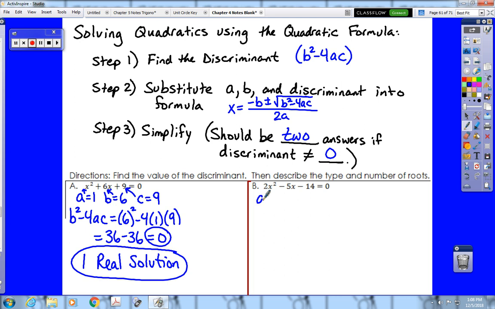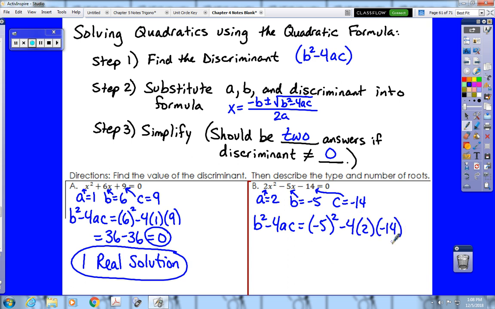Same thing for b. Our value in front of x squared is 2, so a equals 2. Our number in front of x is negative 5, so b is negative 5. And our number that doesn't have a variable attached to it is negative 14, so c is negative 14. b squared minus 4ac would be negative 5 quantity squared minus 4 times 2 times negative 14.